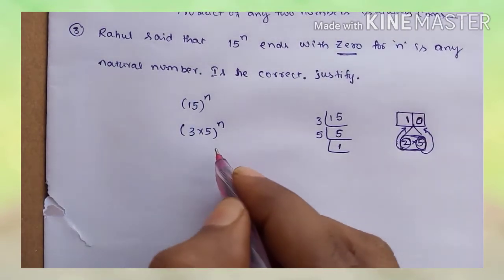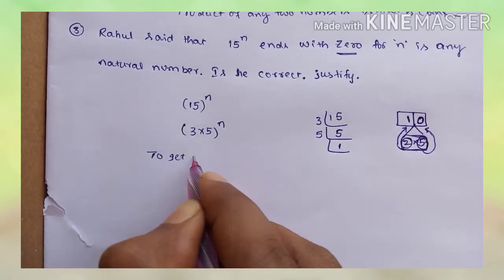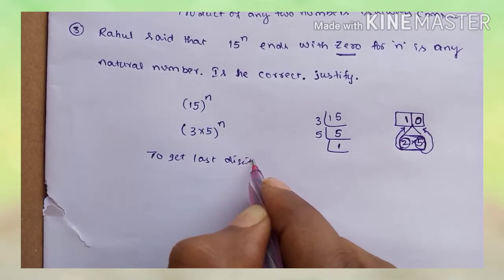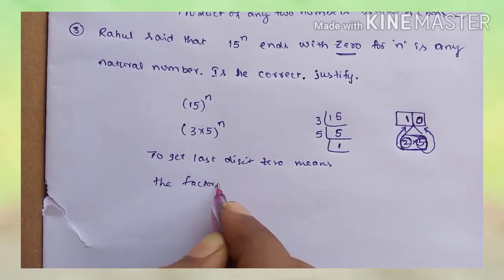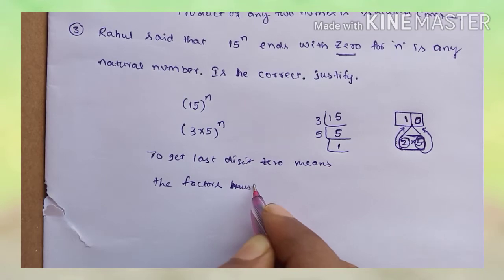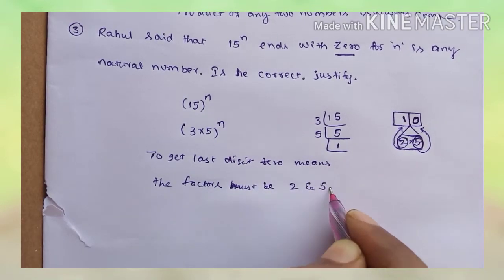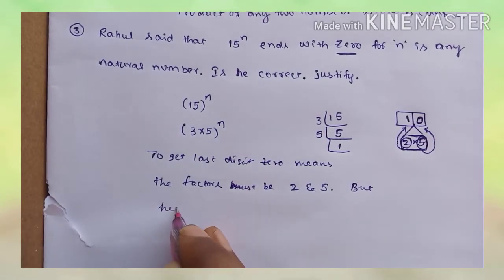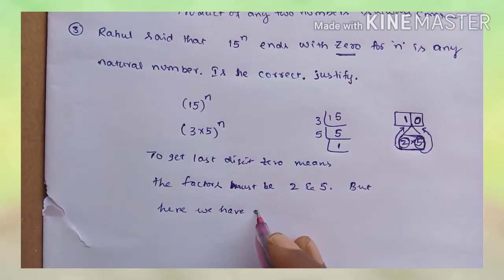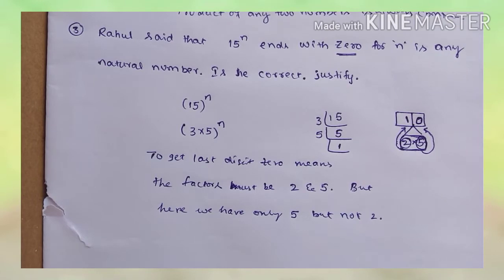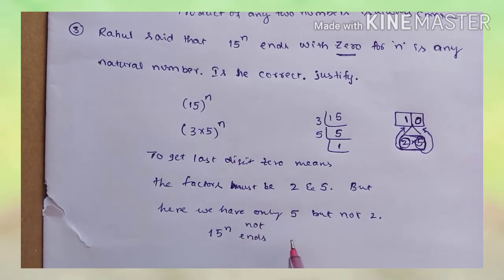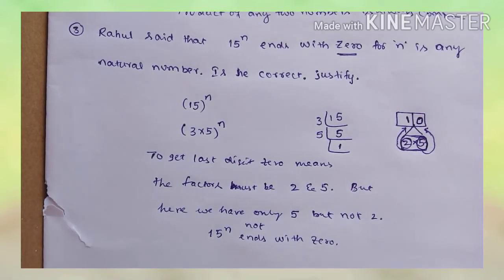Definitely no, because to get last digit 0 the factors must be 2 and 5, but here we have only 5 and not 2, so it definitely does not end with 0. 15 power n does not end with 0. Okay? Let's go for the next bit.